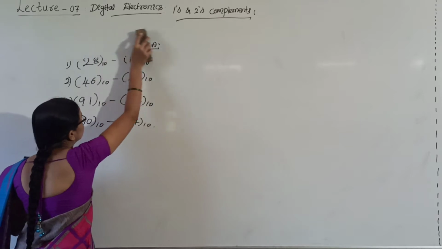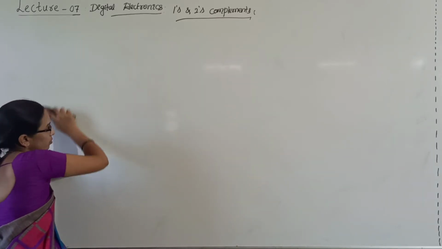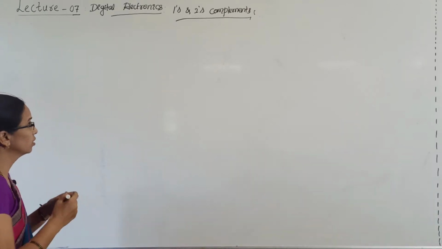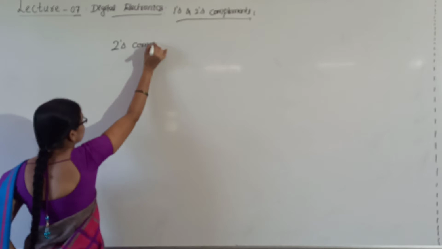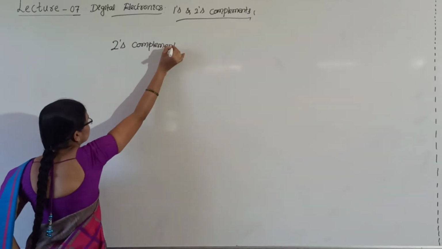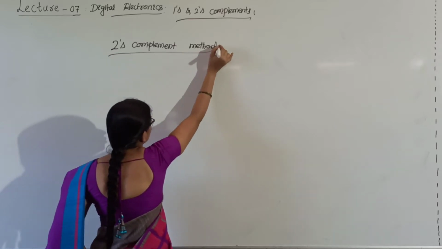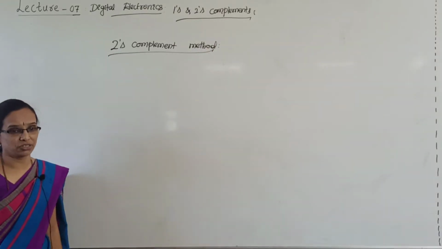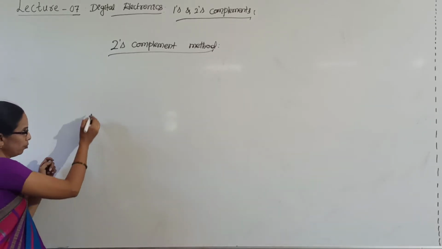Next is the 2's complement method of subtraction. You already know how to take the 2's complement of a binary number.